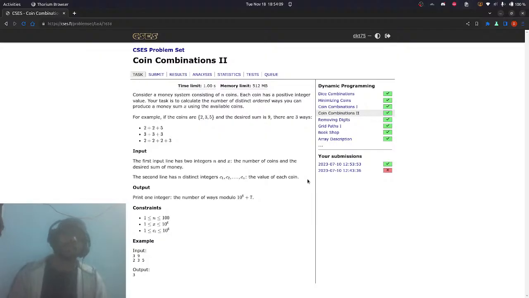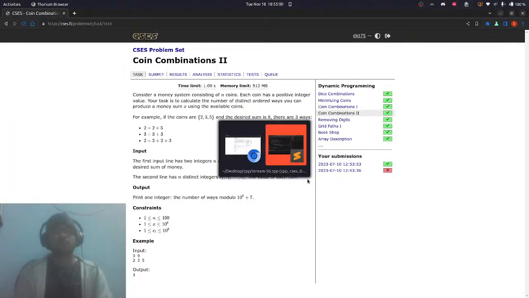You can't just divide it by two at the last because... Okay.